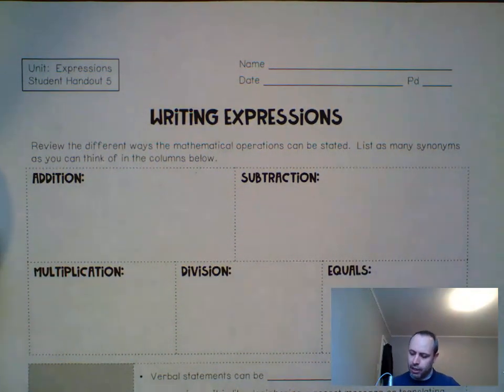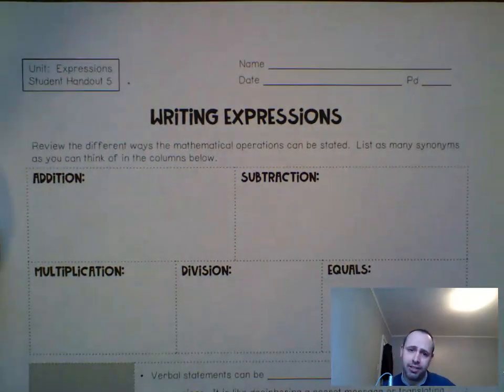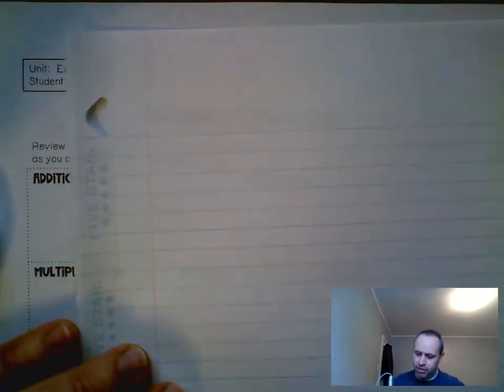It would probably be better for everyone to take your notes today on this white lined paper because I think it'll be simpler. But if anyone wants to print this out, you're free to. Okay? So, writing expressions.